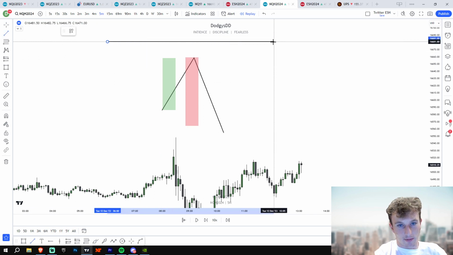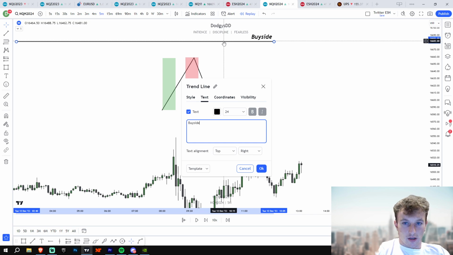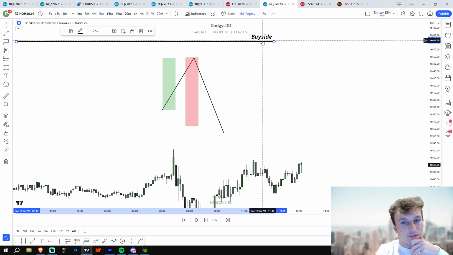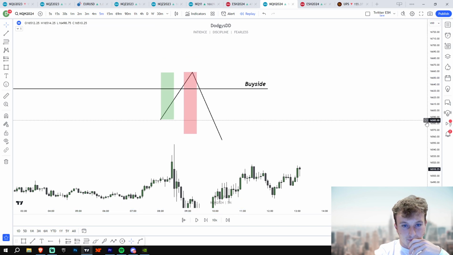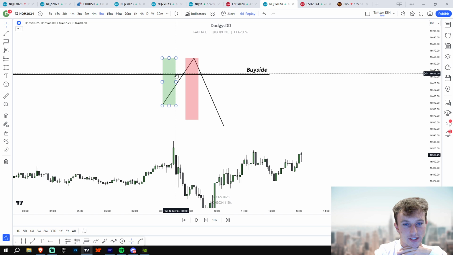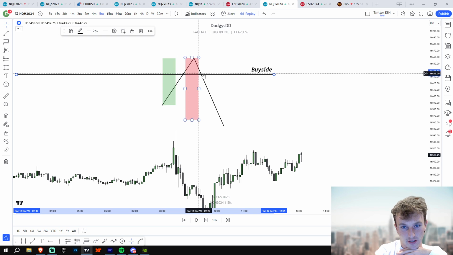Let's say liquidity is up here. Not really. I prefer the chain of state delivery more if we've taken some sort of liquidity. Does that mean the candle which has the chain of state delivery has to hit buy side? No, we don't have to hit buy side off the chain of state delivery candle.